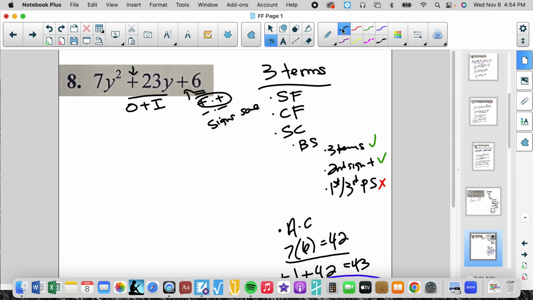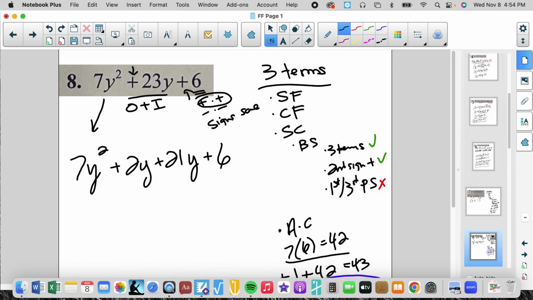I'm going to split this trinomial, and I'm going to turn it into 4 terms. So we said 2y and 21y plus 6. So that goes there. This goes here. And notice 2y plus 21y equals 23y.